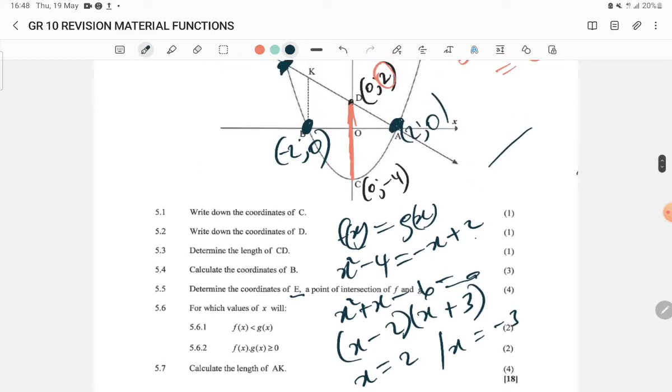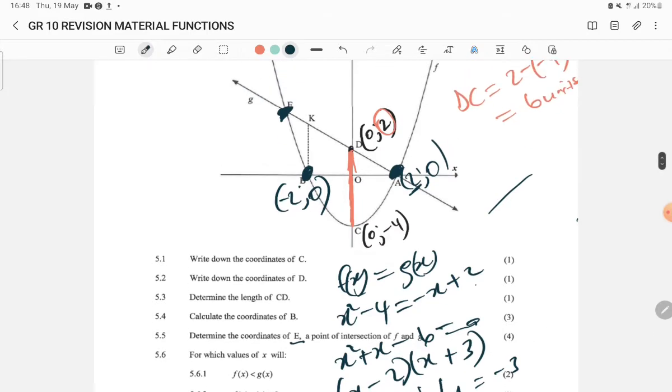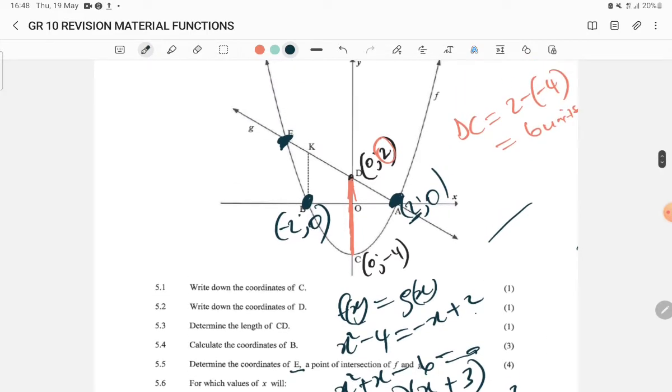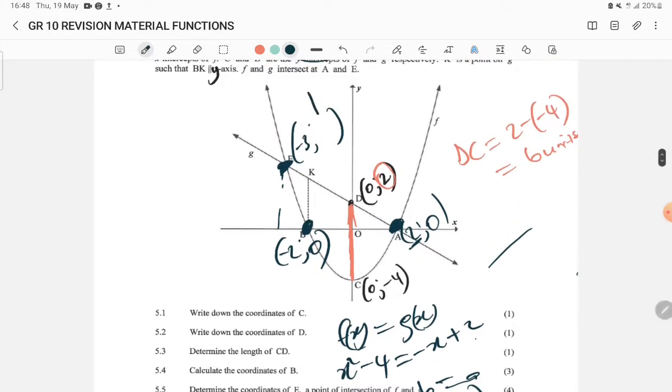They are equal here at a, and we can see that the x coordinate of a is right at 2, and the other x coordinate is right at e, which we can assume is negative 3. But now they want the coordinates of e, which means they also want the value of y right here.